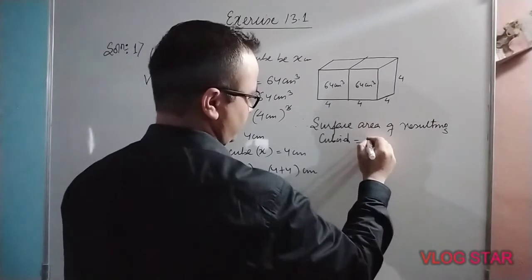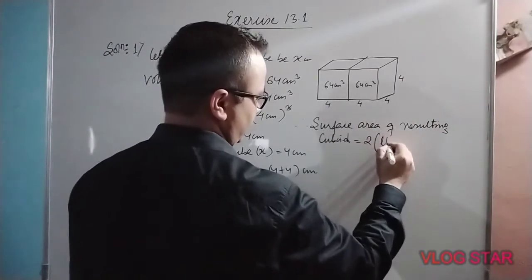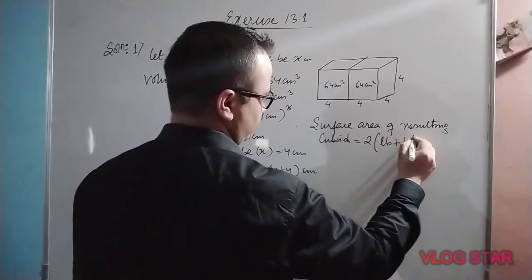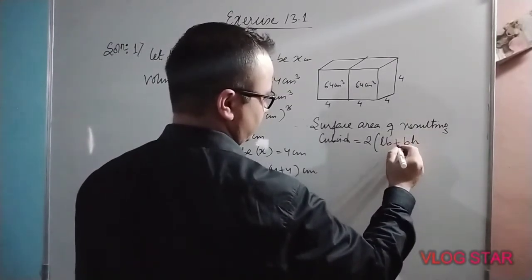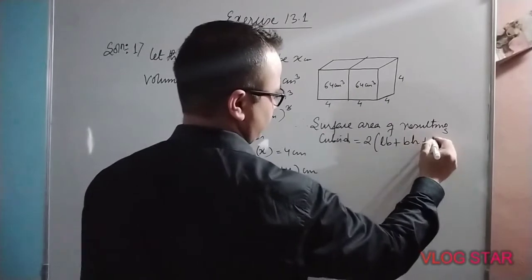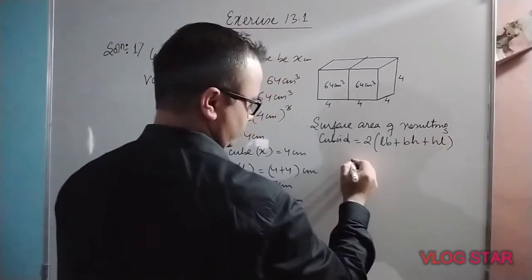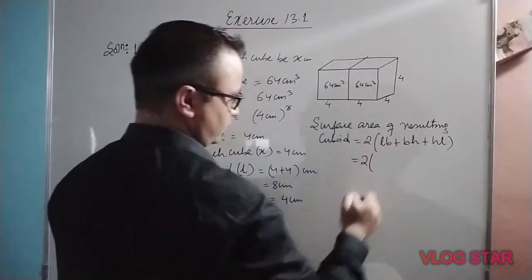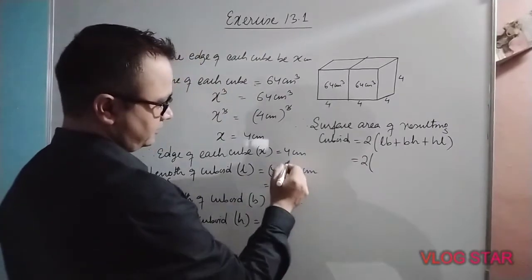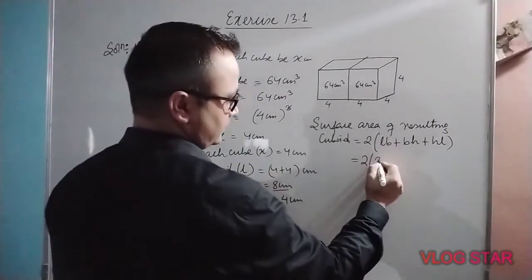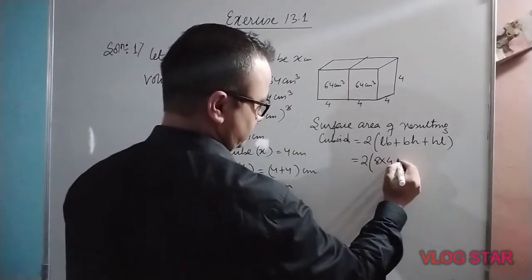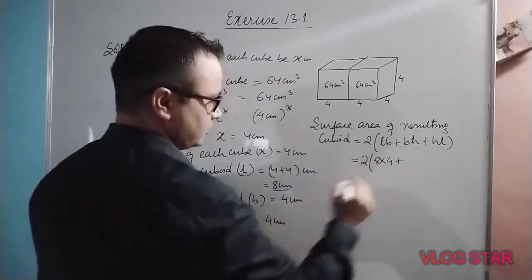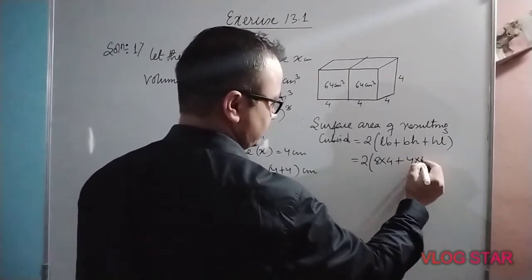The formula is 2 times (LB plus BH plus HL). L is 8, B is 4, H is 4.